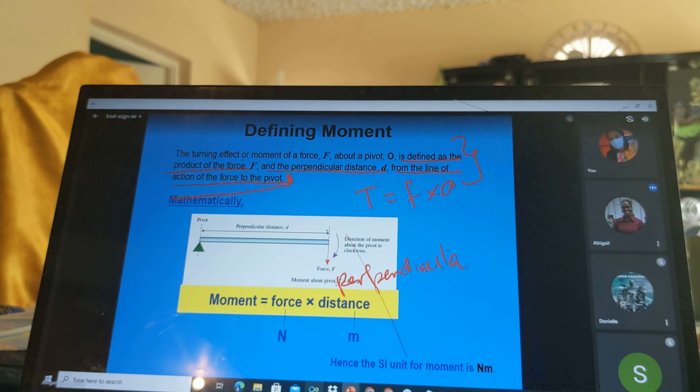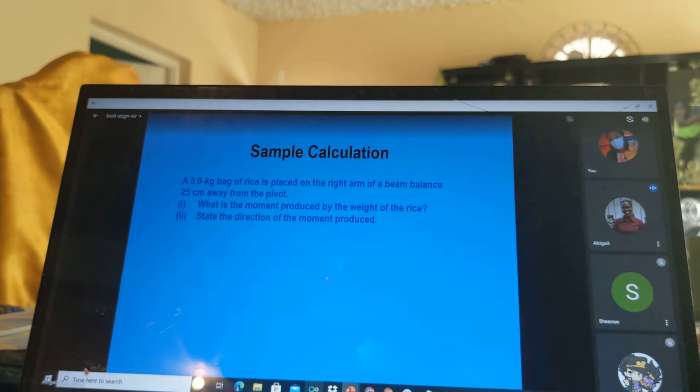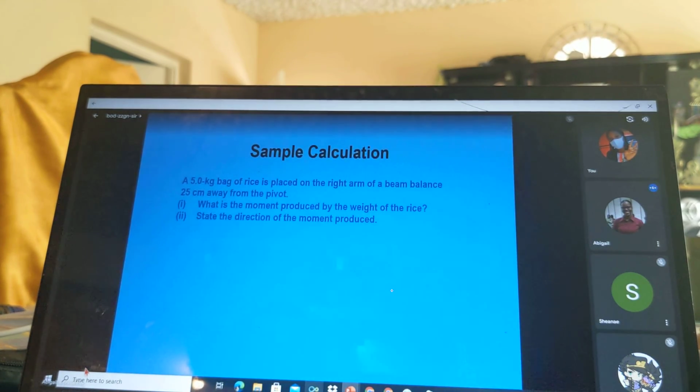Force times perpendicular distance. If you know the force and you know the perpendicular distance, then you can find the moment about that pivot.